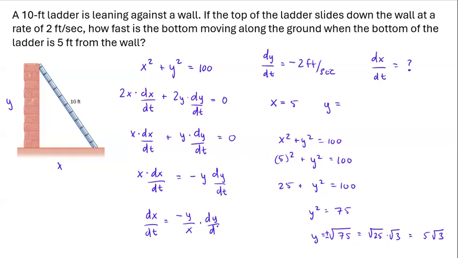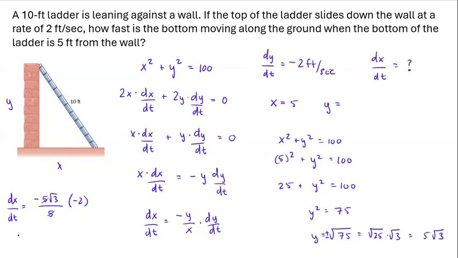And so let's plug in the values that we know. Our y value was 5 radical 3. So we'll have negative 5 radical 3 over our x value, which was 5, and dy/dt is a negative 2. These 5s are going to divide out to give us a 1.